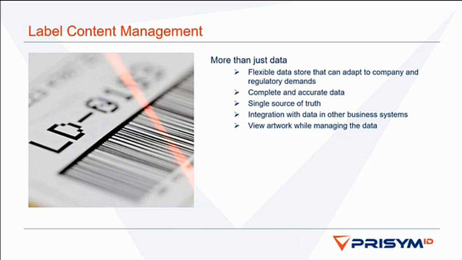Having a system where you can easily identify what a change is and what's impacted by it is critical. And remember that even though a modern labelling system is data-driven, don't lose sight of the fact that what you're doing is creating something that is visual. Being able to view what an IFU or a label looks like while maintaining your data can be very useful in getting things right the first time.